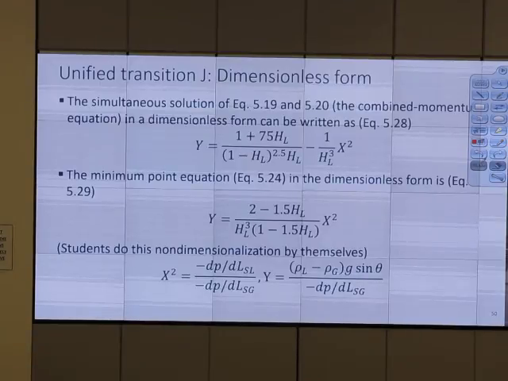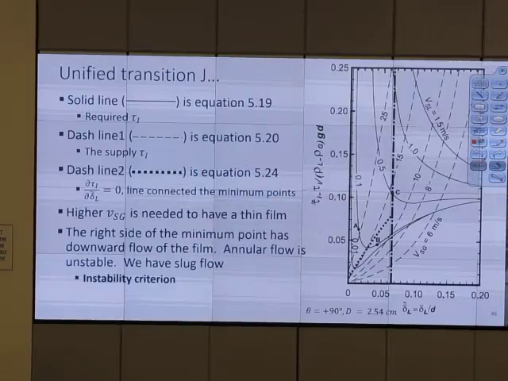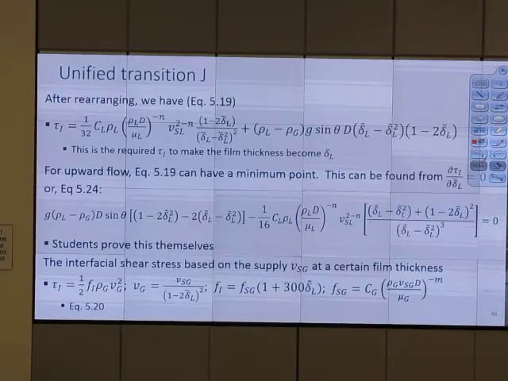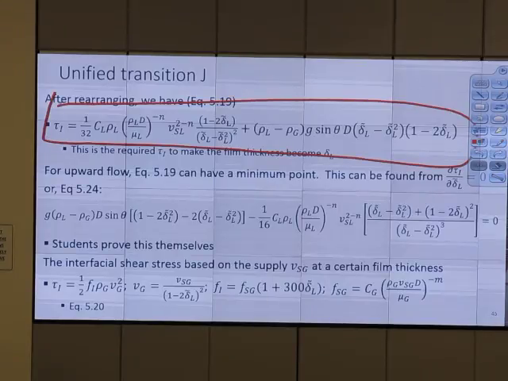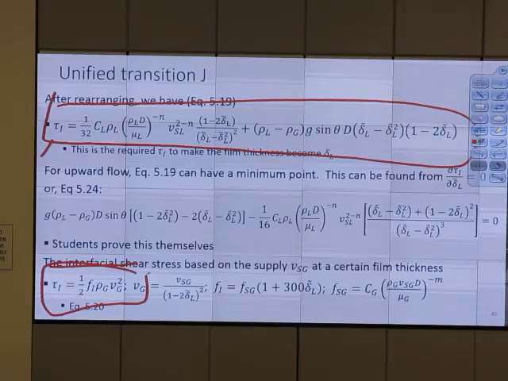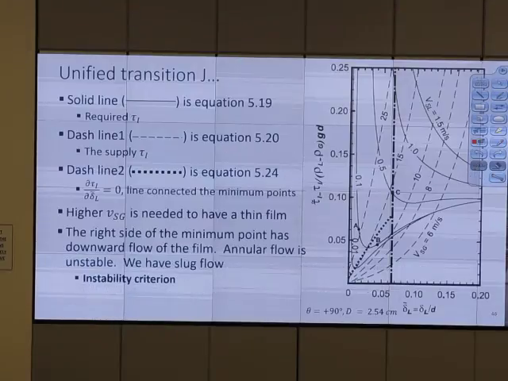So 5.19 is the required tau I, right? 5.20 is the supply tau I. The cross point between 19 and 20, or this and that, is a solution, right? It's a solution for annular flow.